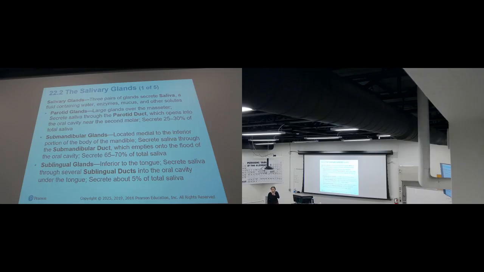What will be the clinical importance of secreting more saliva into the floor of the mouth than into the upper part of our mouth? Swallowing purposes, to lubricate the bolus. Swallowing and lubricating the bolus. That's true.